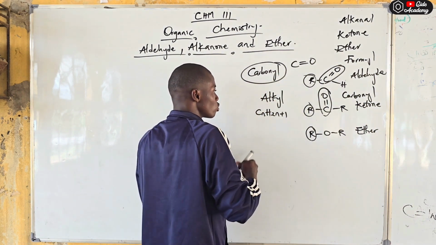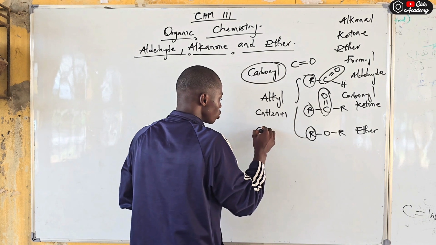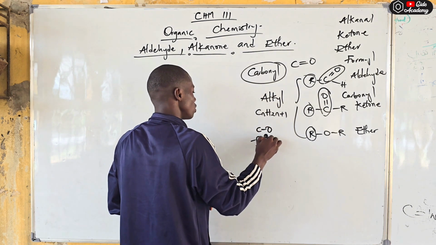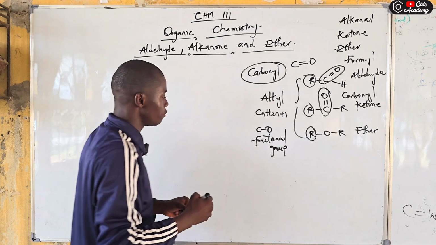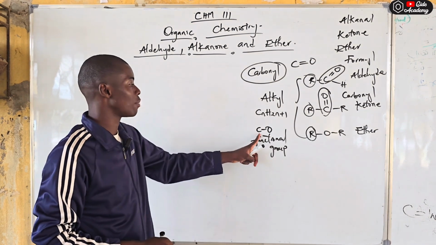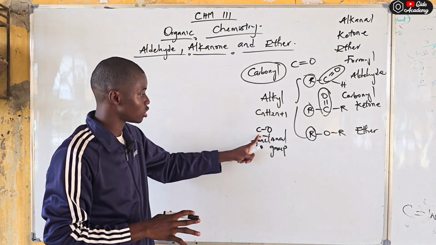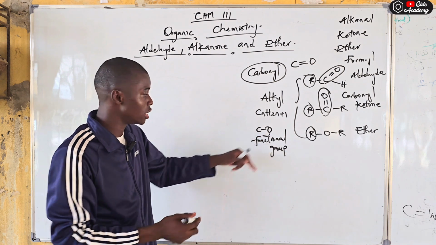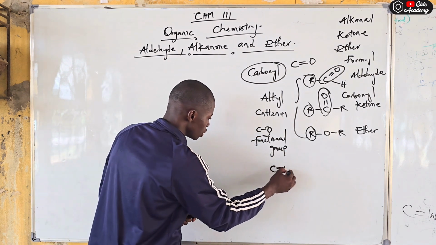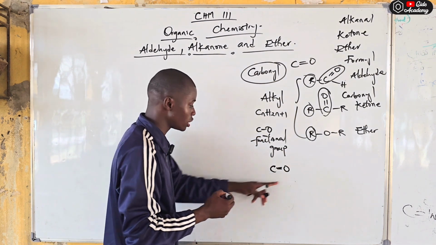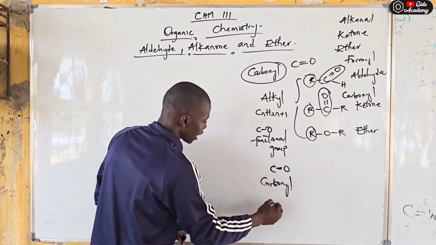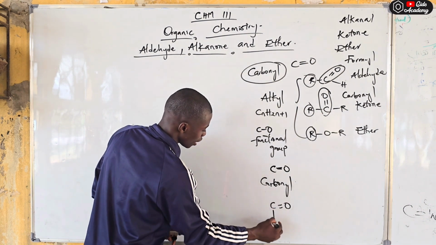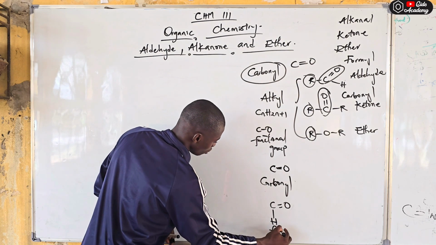And the three of them belong to the group we call the carbon to oxygen functional group. So the first step is to check whether it is a carbon to oxygen functional group. After that, you look at it. Is it a carbon double bonded to oxygen? If so, it is a carbonyl. Then if it's a carbon double bonded to oxygen and single bonded to hydrogen, this is now called a formyl.